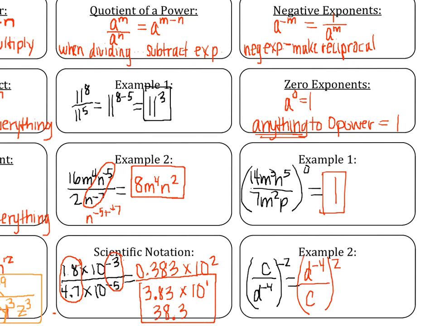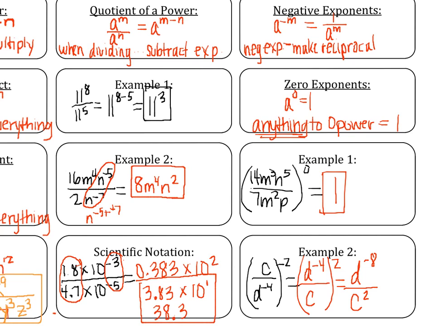Now we know if we have the power of a quotient, we can give that exponent to both of the things on the inside. So this becomes d to the negative 4th and square it, well, negative 4 times 2 is negative 8, over c to the, give it the 2nd power, it's just c squared. But this isn't simplified because I've got a negative exponent.